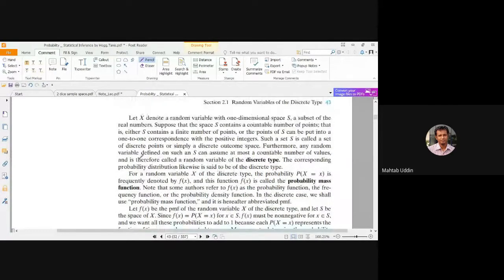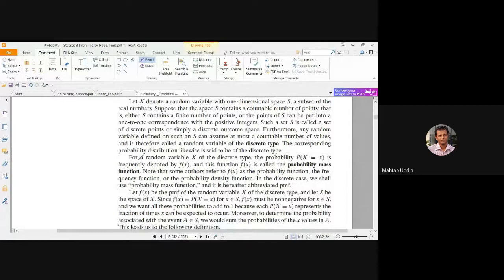Here now we're going to differentiate the random variables. Random variables can be classified in two types. If you can count the outcomes, these are called discrete type, like a coin toss. You can count how many heads, how many tails.